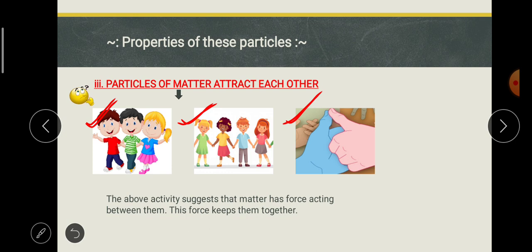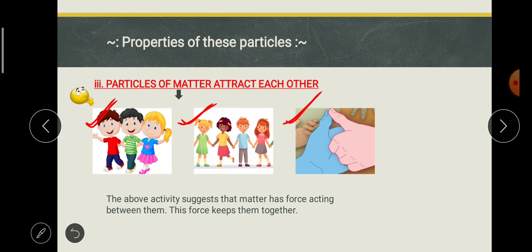When they go to the second group, they have to apply a lesser amount of force, and they'll be able to break that chain also. But when they go to the first group, they have to apply a large amount of force, and then only they will be able to break that chain, because the force of attraction is very high in the first group's children.